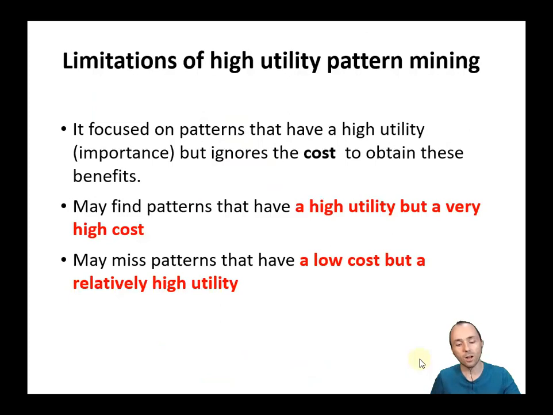Okay, so although high utility pattern mining is really popular now, with a lot of papers about finding patterns that have a high utility, there are some limitations we want to highlight in this paper. First, all these papers focus on patterns that have a high utility, that means importance, but ignore the cost to obtain this benefit or this utility.